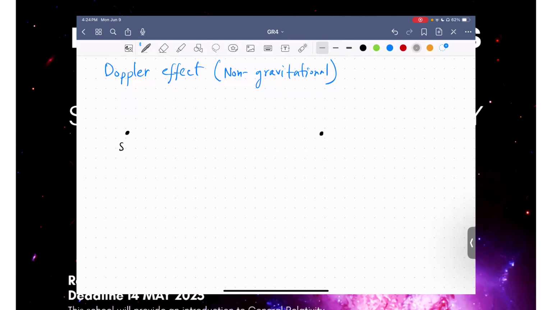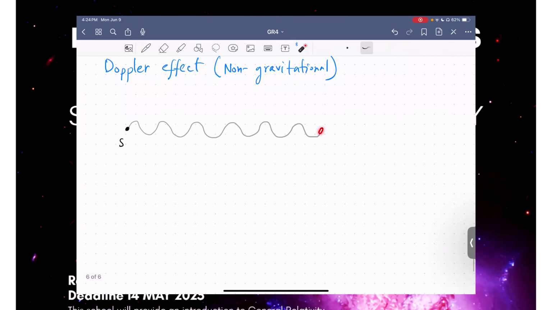This source emits some light, which is then received by this observer. Let's look at one full period of emission. So one complete period.